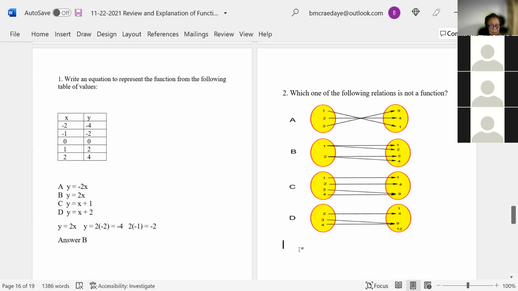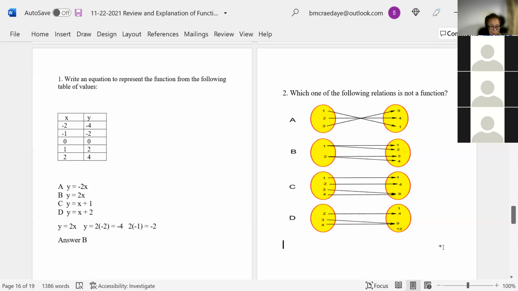Which one of the following relations is not a function? If you see a value over here, that's the X, and it's mapped to more than one Y value, then it's not a function.